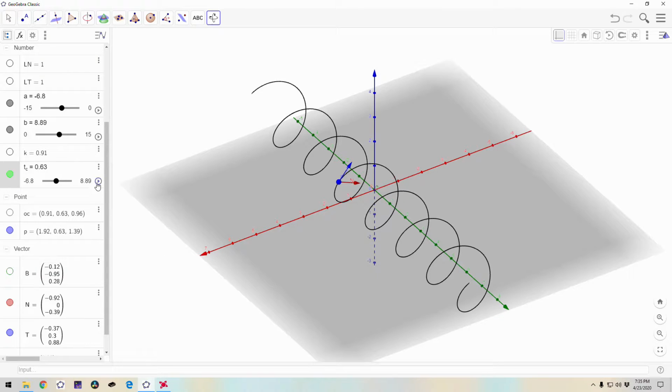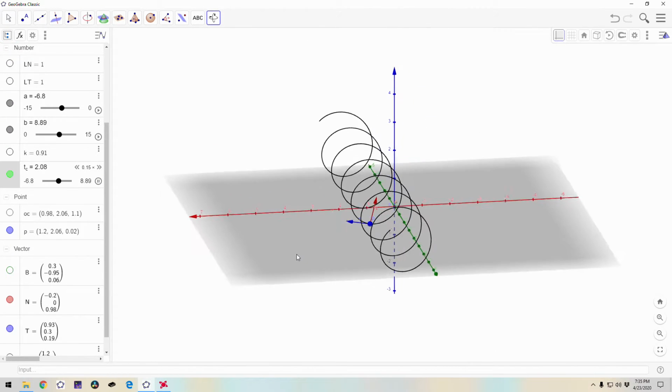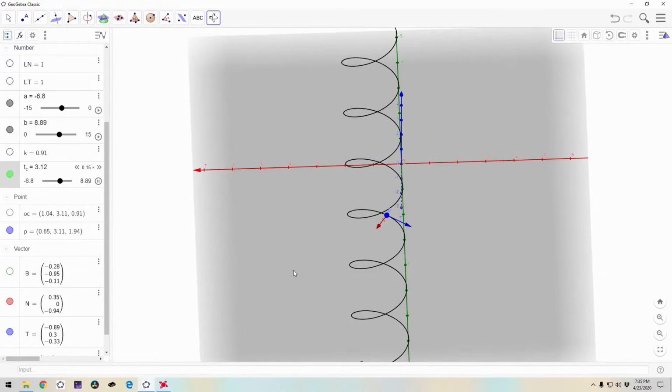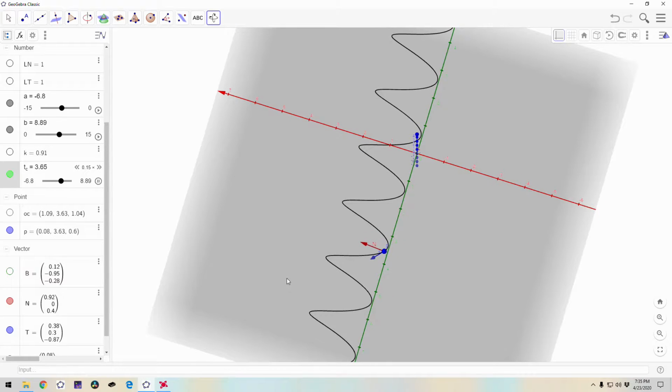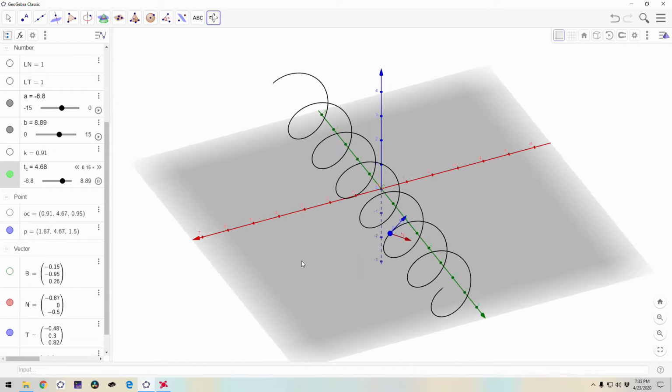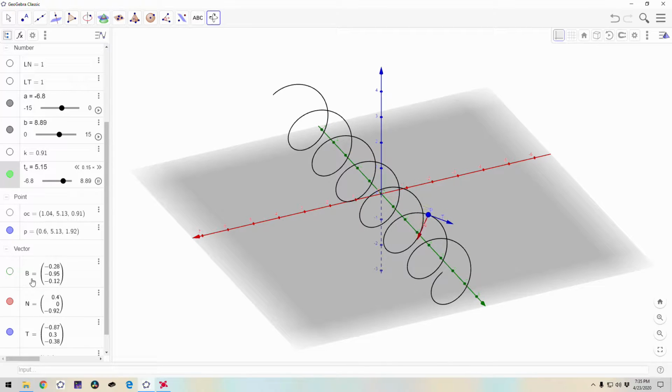So again, as you see it go on, the normal vector continues to point towards the bend of the curvature of the curve. Okay? Now sometimes you'll see it stick out, but it's always basically, in this case, pointing at the center of the rotation.